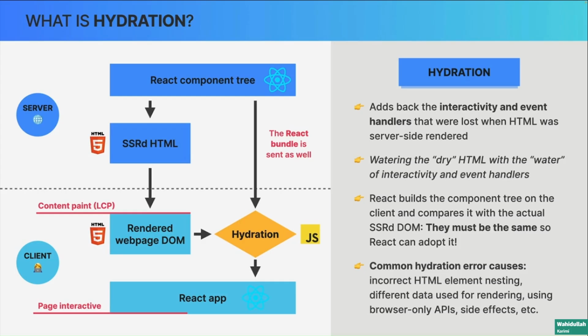Now, this is just a conceptual overview of what hydration is and how it works. So it's not exactly how hydration works in Next.js, especially with the new app router. But anyway, with this new knowledge, let's go back to our small server-side rendering experiment and implement hydration manually by using React's hydration APIs.